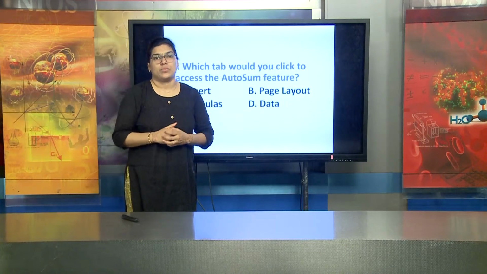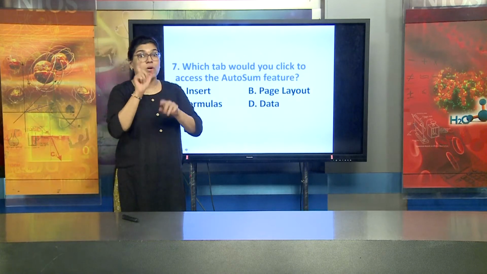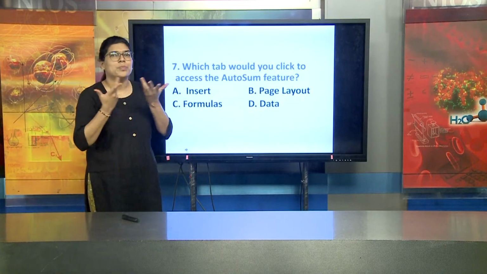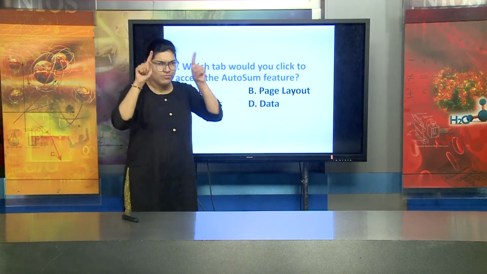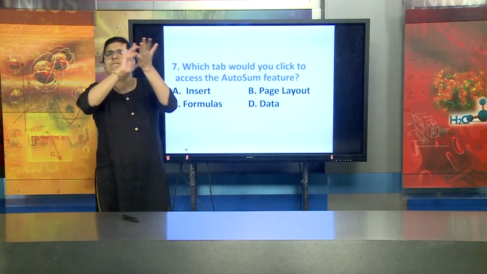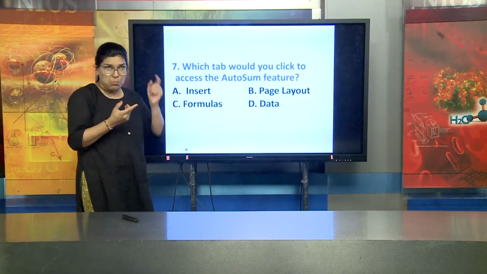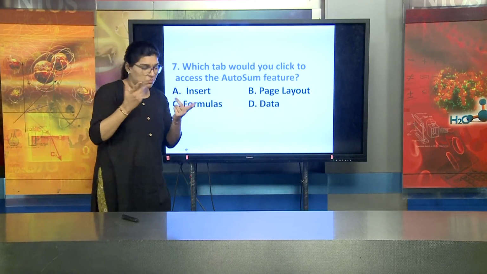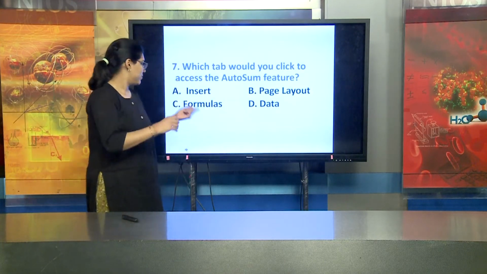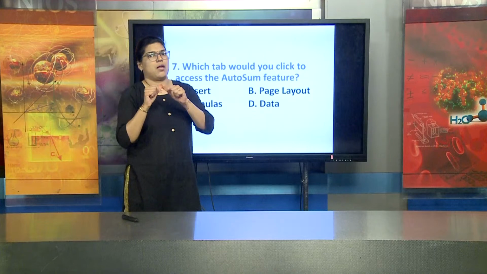Then question number 7. In this, which tab would you click to access the auto sum feature? How would you move to the auto sum feature? Where will you go from the menu bar? So you have to choose from the 4 options which are available, A, B, C and D. You have to choose insert, or page layout, or formulas, or the D option is data.